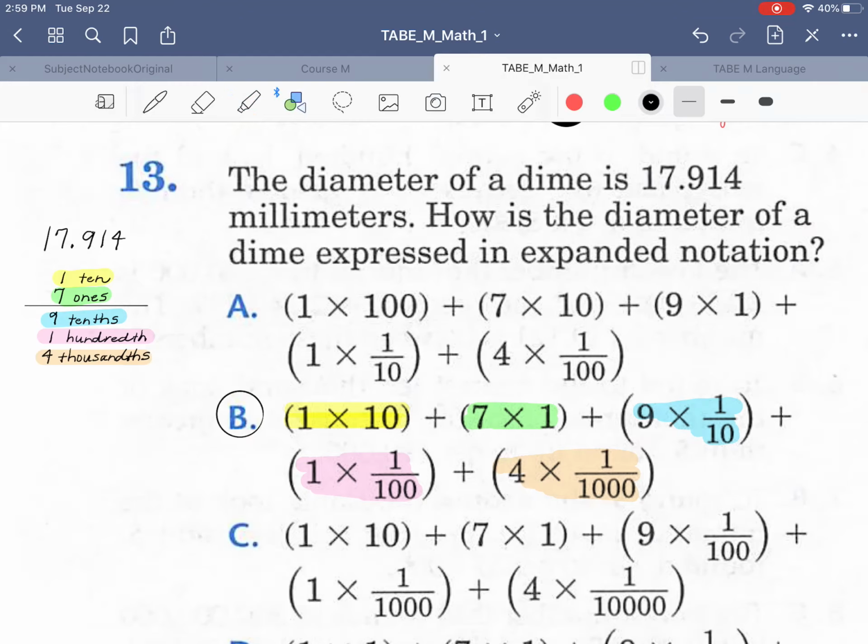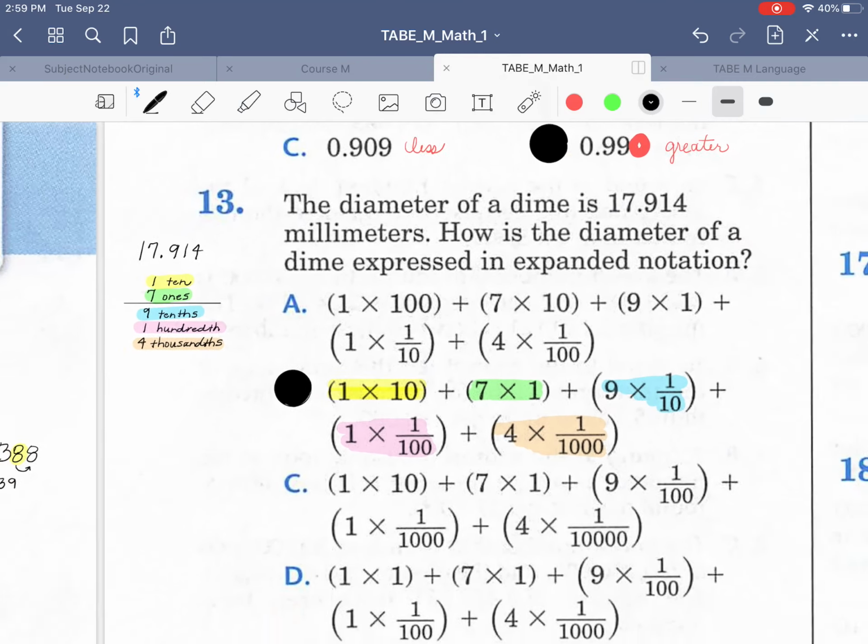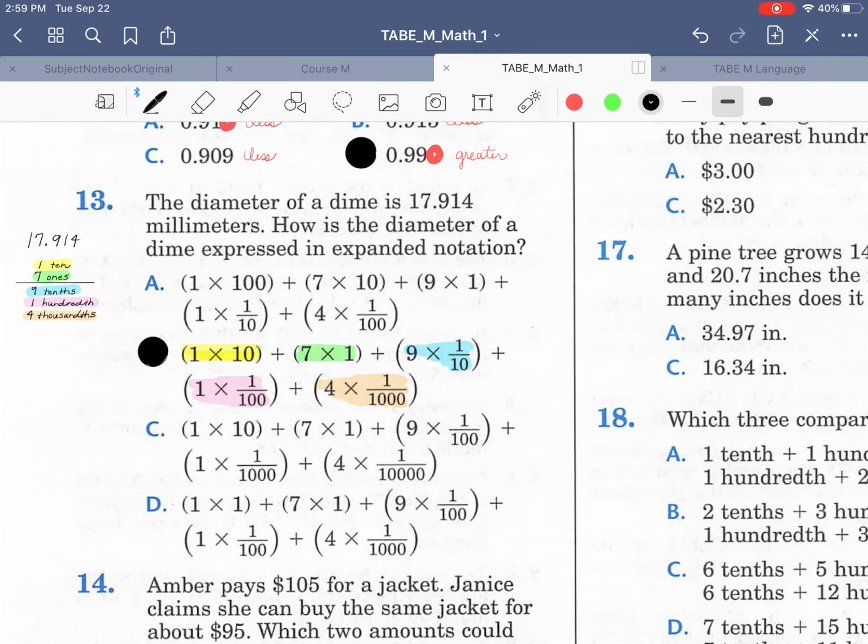It looks very, very complicated in expanded form. It is complicated, but it all is based on those place values. I like that problem. Even though it looks horrendous, we can do it if we just think through it.